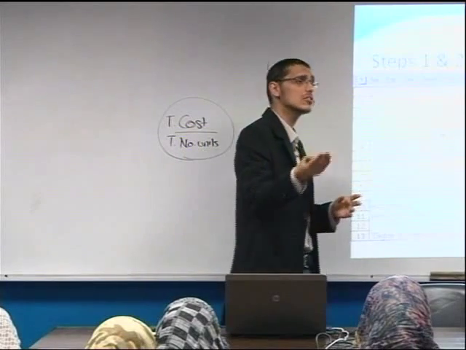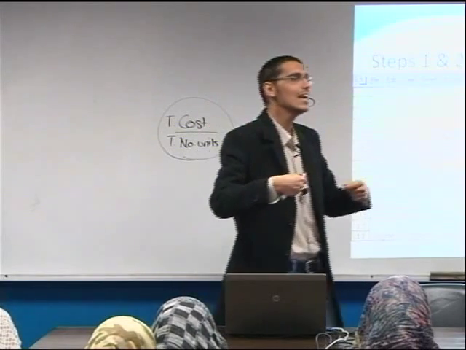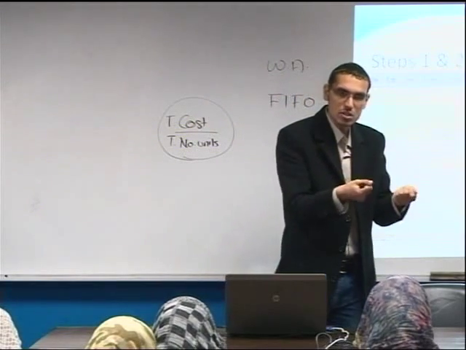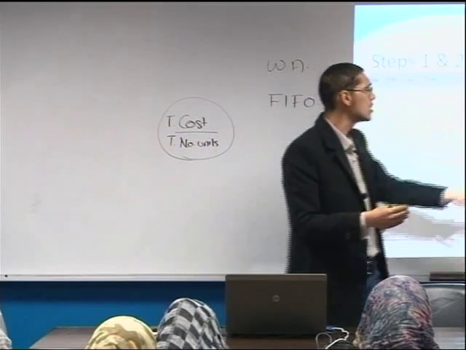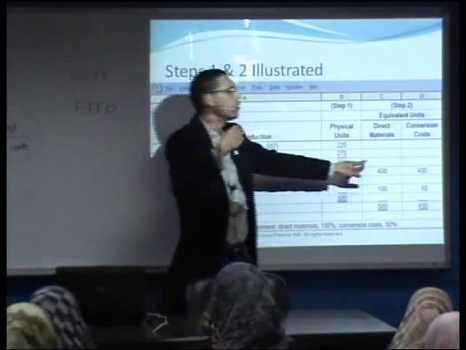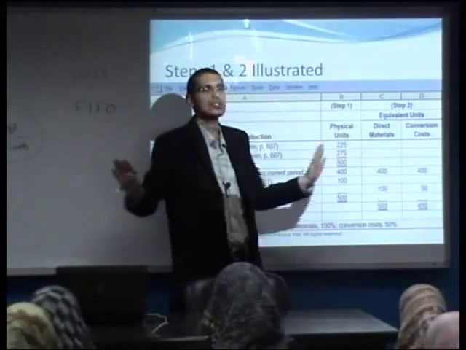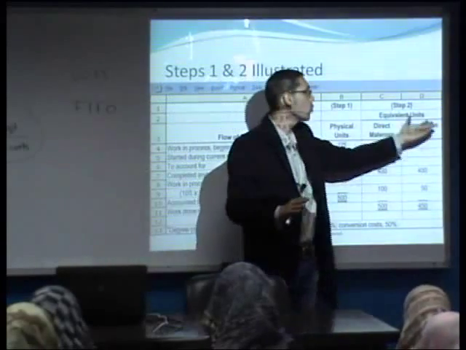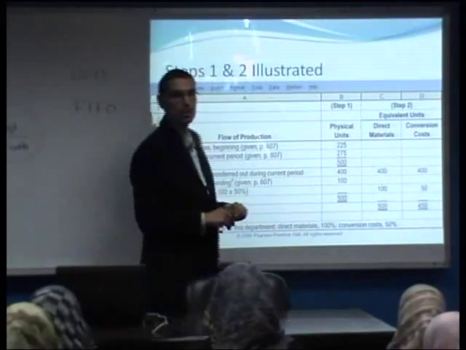We said that equivalent units are the number of units that would have been completed if we incurred the same costs that were incurred in manufacturing these units. Of course, we have manufactured 400 completed units, therefore the equivalent units would be 400 for the direct materials, because it took 100% of direct materials and 100% of conversion cost, therefore it would also be 400 units.